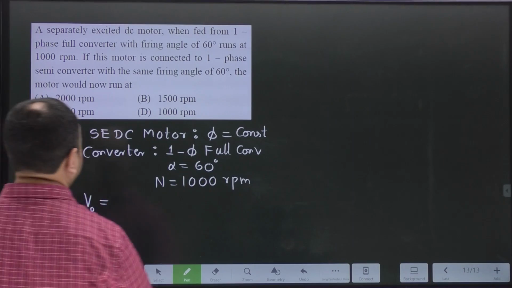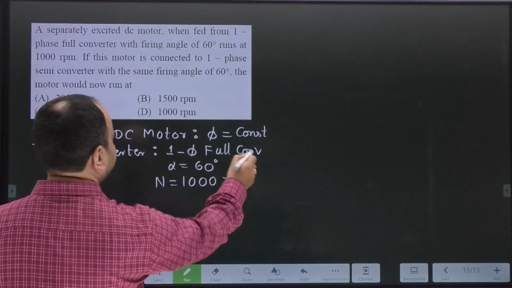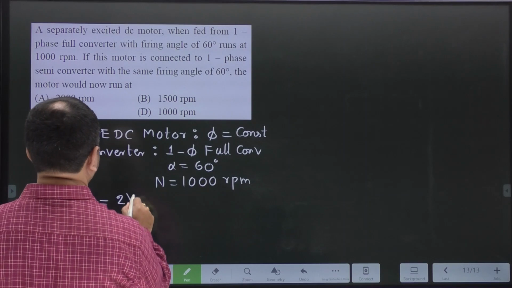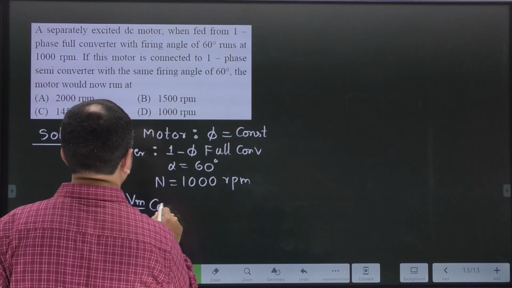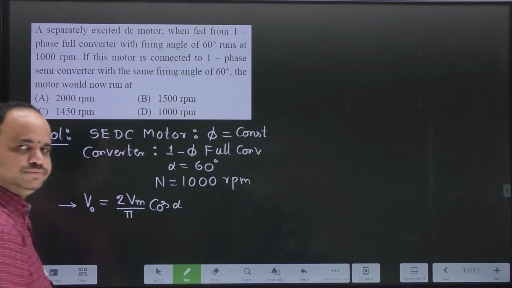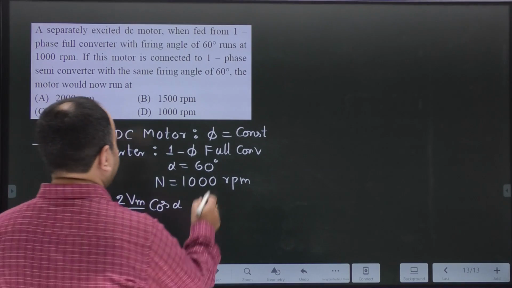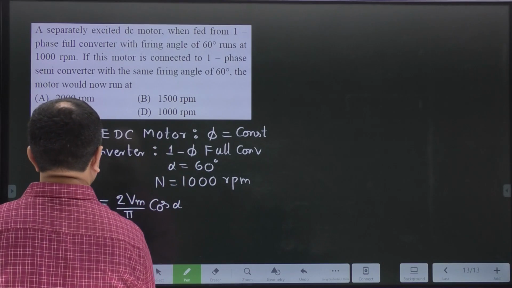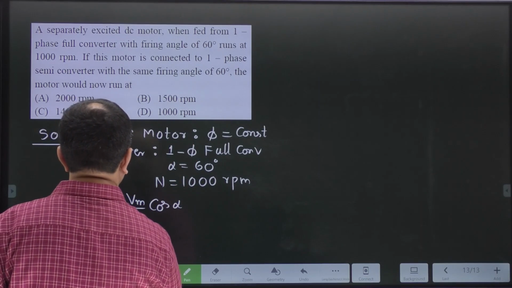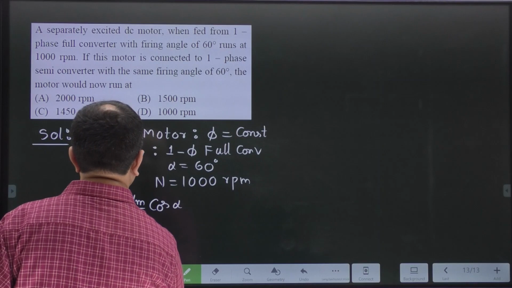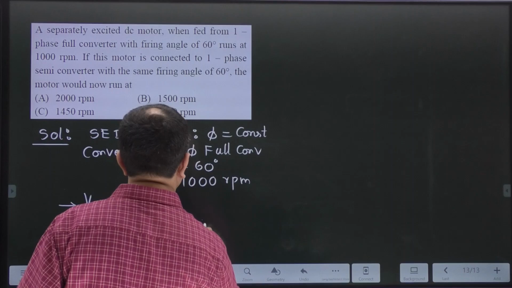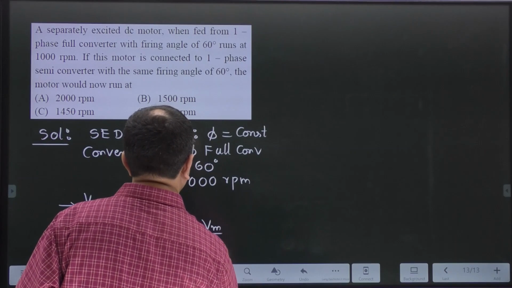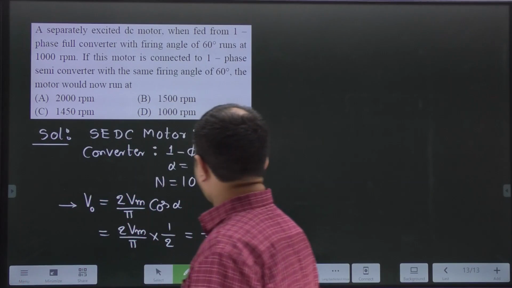What is the formula for single phase full converter V0? 2 Vm by pi cos alpha, right? So as alpha is given 60 degree, 2 Vm by pi into cos 60 is 1 by 2. Therefore, it will give you Vm by pi.